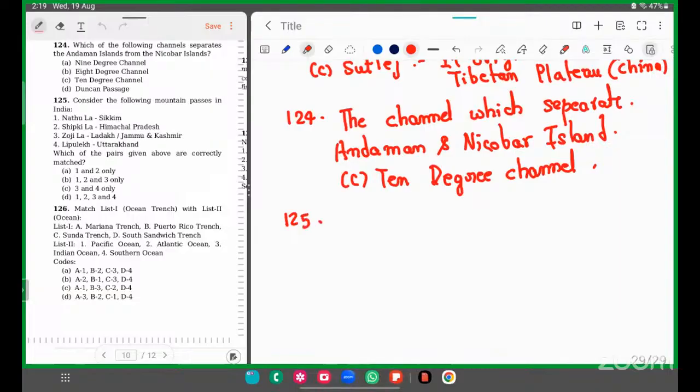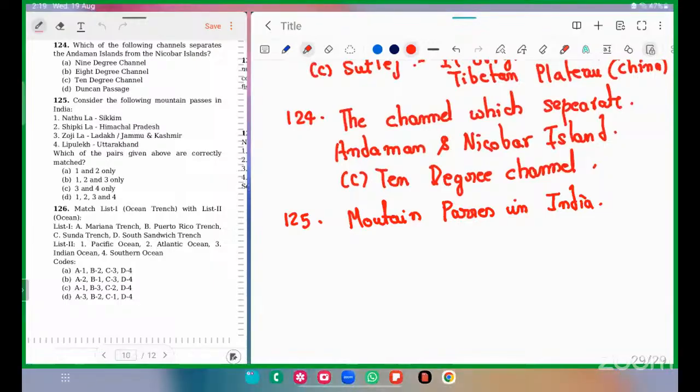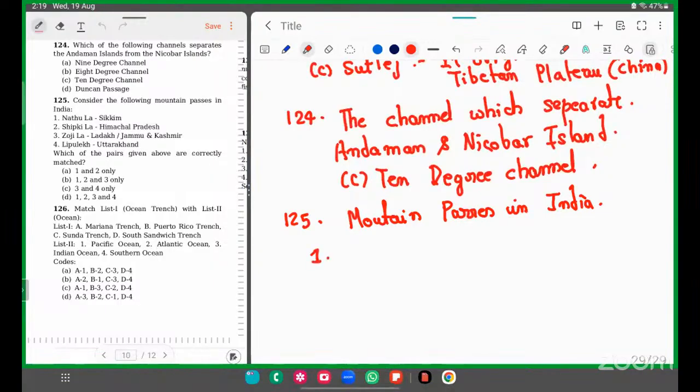125. Mountain passes in India. First, Nathula, Sikkim, correct.